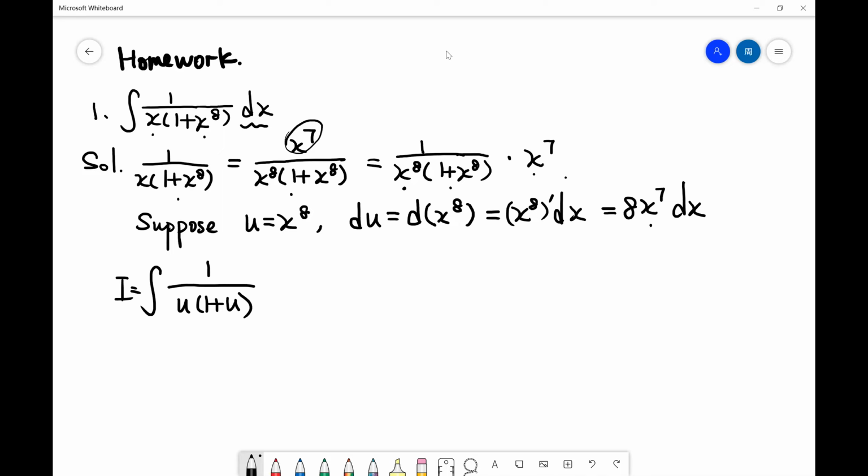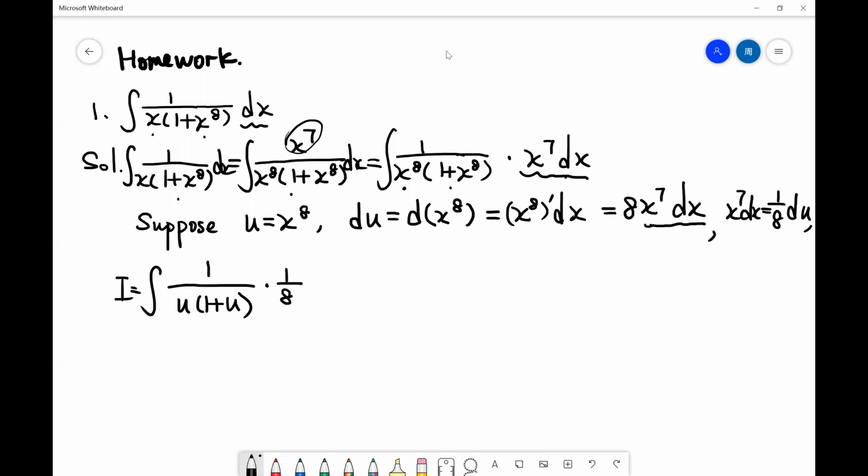And then we have x power 7 times dx, and x power 7 dx should be 1 by 8 du.